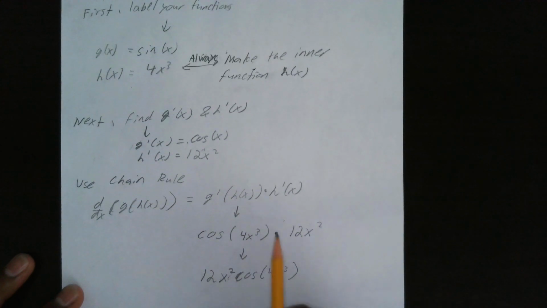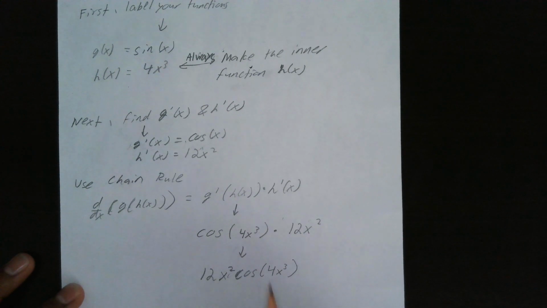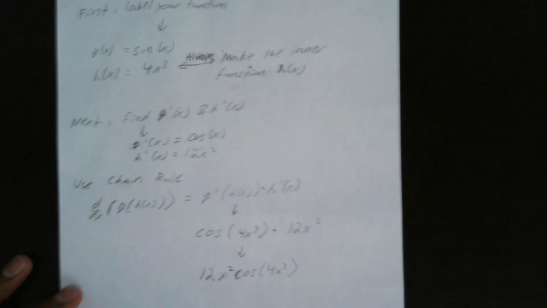Then we multiply by the derivative of h of x, and we get our final answer: 12x squared times cosine of 4x to the third. So that's our answer. Let's work on another problem.